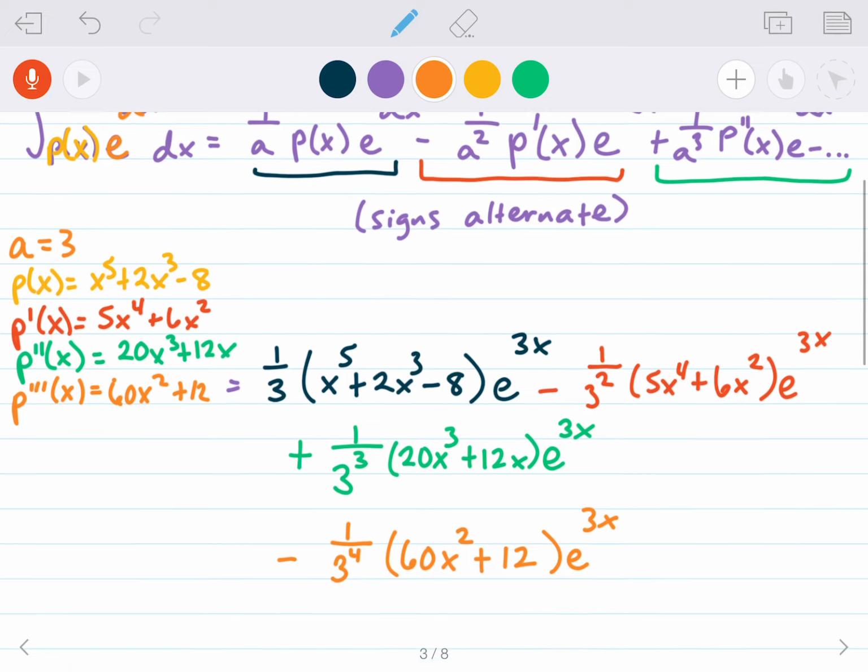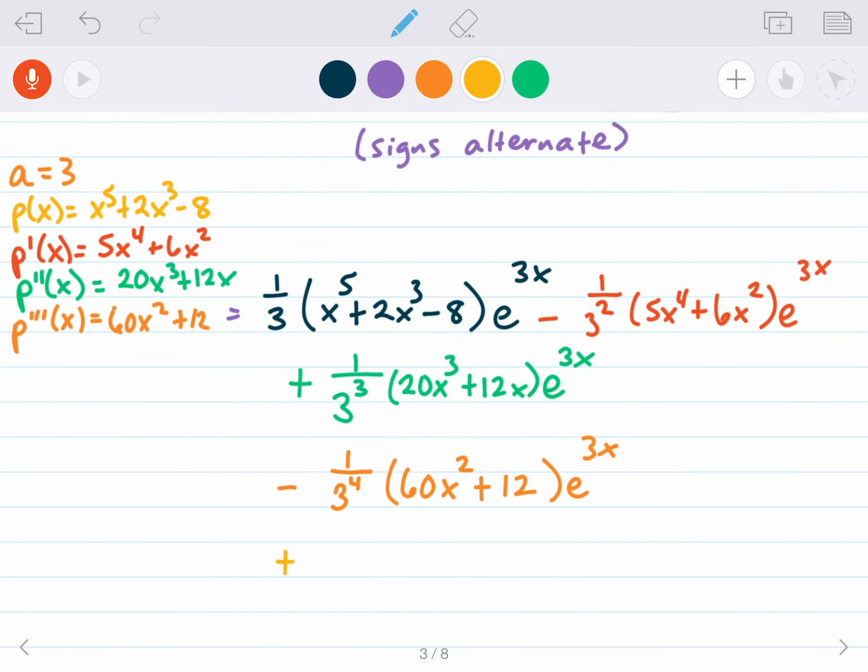All right, what comes next in the pattern? A plus. The signs alternate. 1 over 3 to the 5th. We're going up every time we do that. 4th derivative. Crazy. All right, so derivative of 60x squared plus 12, we get 120x.